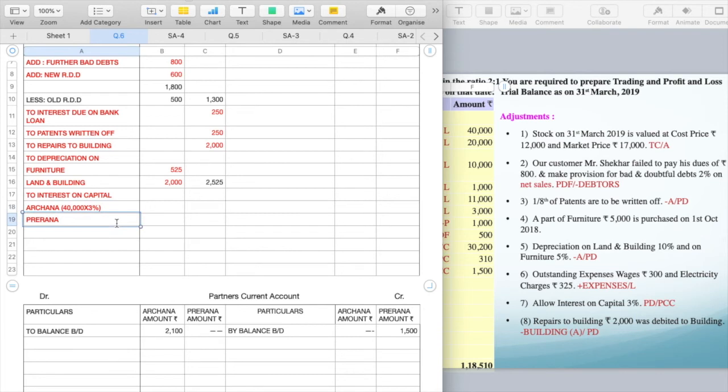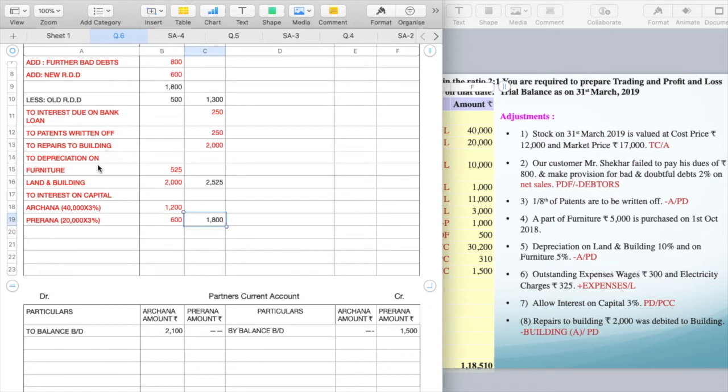And Prerna's capital is 20,000, so on 20,000 we are supposed to calculate 3%. On 40,000, 3% will be 1,200. And on 20,000, 3% will be 600. So the total will be 1,800.